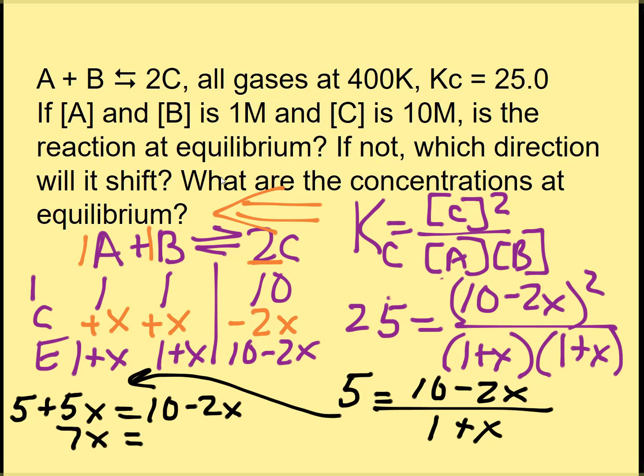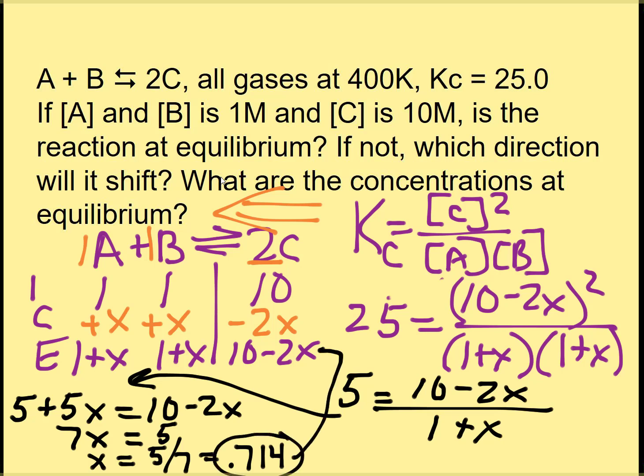And I'm going to subtract 5 from both sides. So I end up getting x is equal to 5 over 7, which is 0.714. And that is what x is equal to.